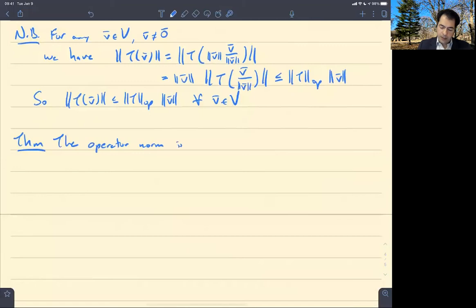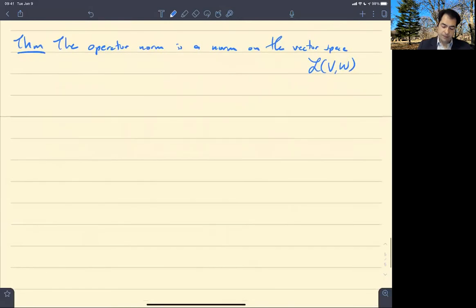The operator norm is a norm on the vector space of linear maps between V and W. Okay, great. So proof. So we need to show that it is non-negative.